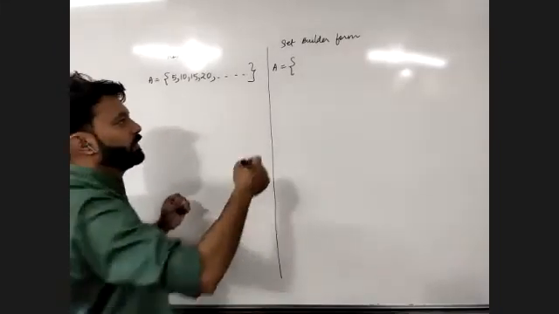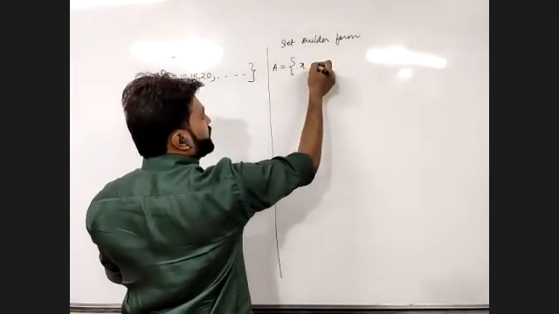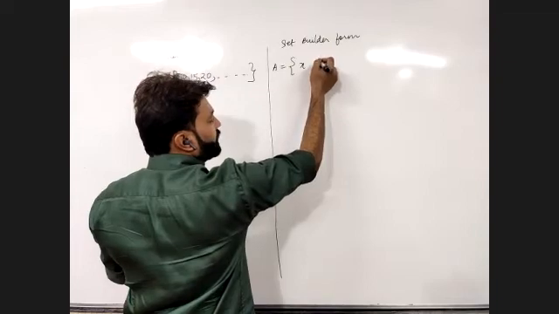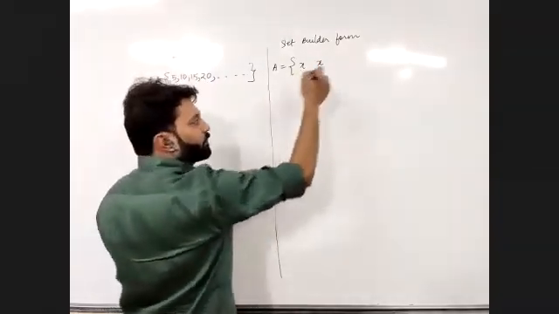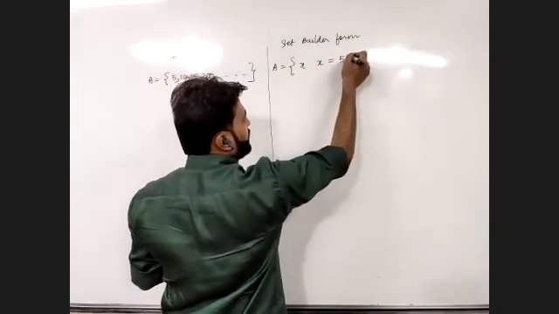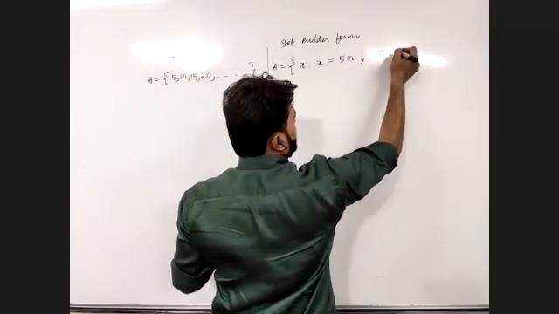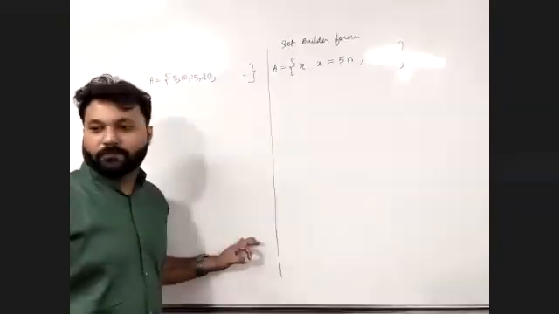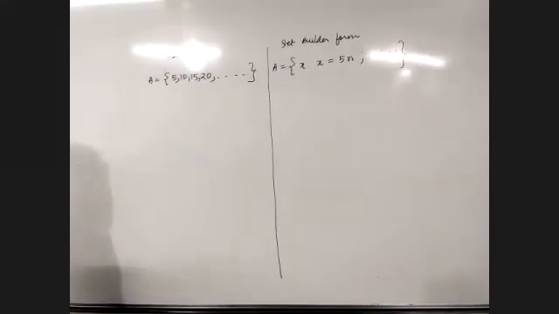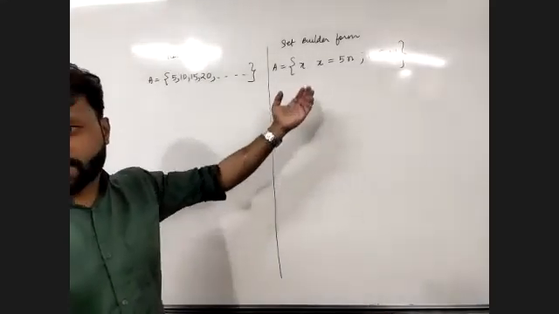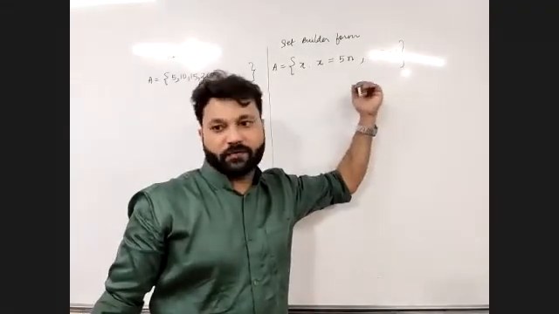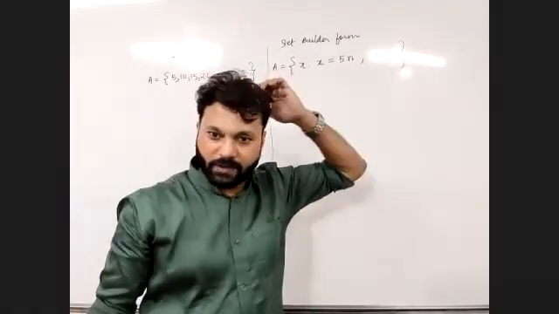Multiples of 5. Can we say that A = {x such that x = 5n, where n belongs to natural numbers}? Because the smallest natural number is 1. As we keep putting 1, 2, 3, 4, we'll get all the multiples of 5. Clear this thing?